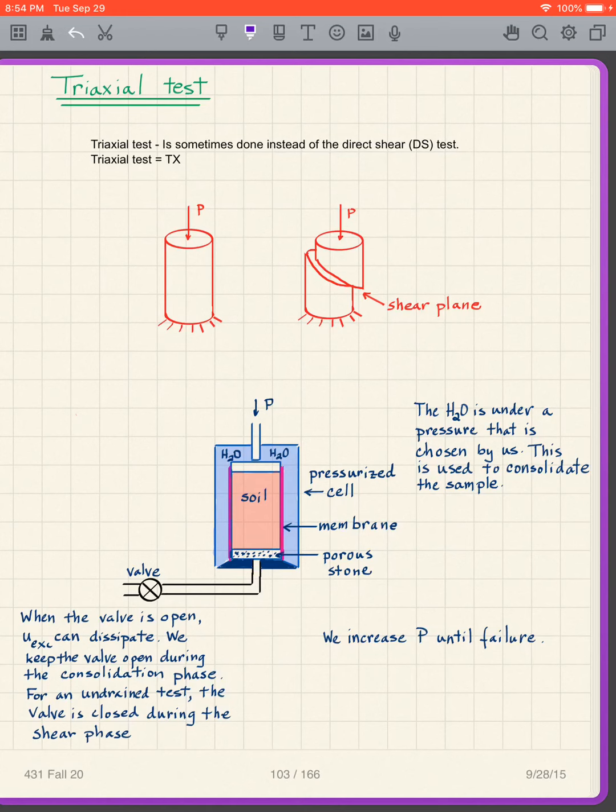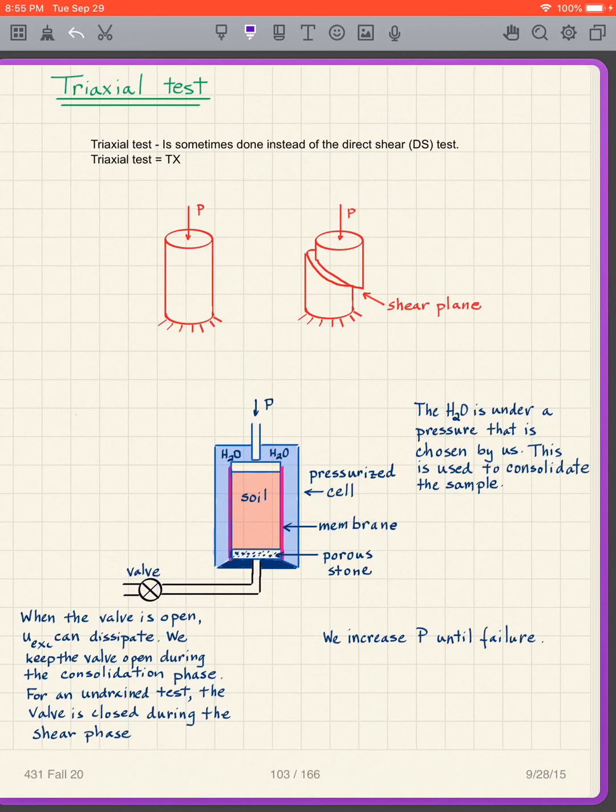We pressurize the cell for a portion of the test, and then water can squeeze out of that soil and down through a valve that we have here. We can keep that valve open, and we are able to get pore pressure dissipation in the soil sample.